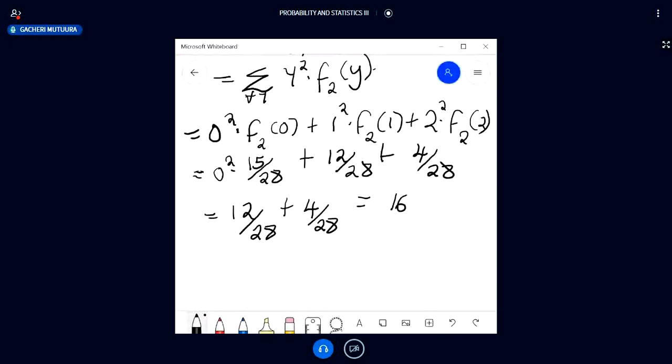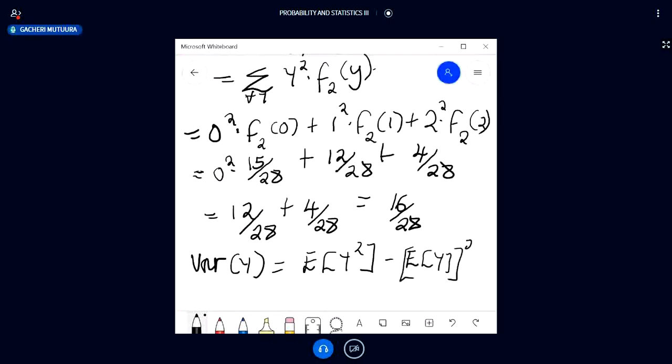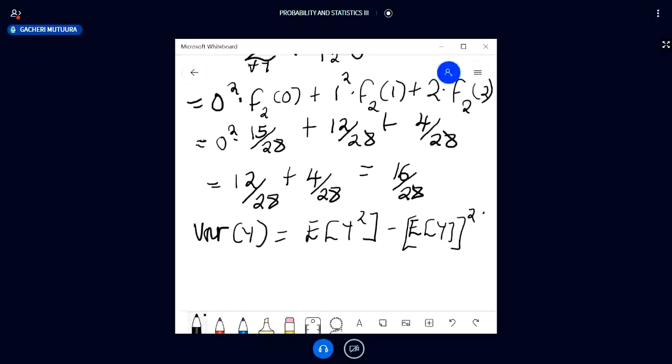Then from there, we can now obtain the variance of y, which will be the expected value of y squared minus the square of the expected value of y. We obtained from the previous question that the expected value of y, you told me, was a half. So now the variance of y will simply be 16 over 28 minus a half squared.